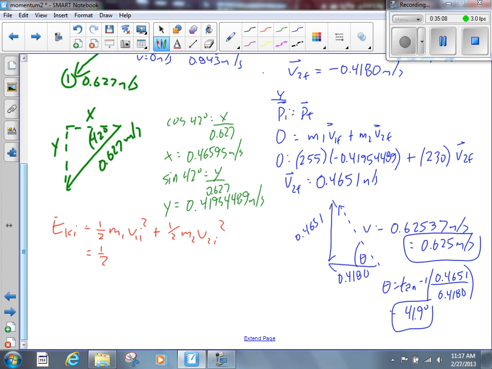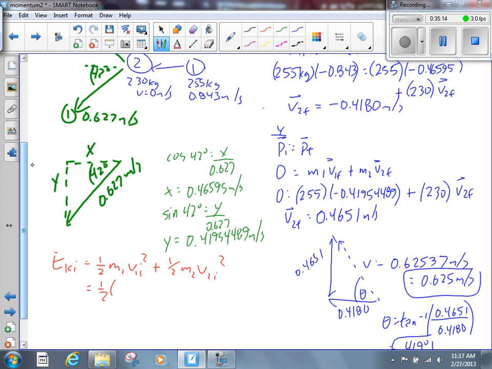The kinetic energy of object number 1 before the collision is 1/2 of 255 times 0.843 squared. Notice I even dropped the negative there. I don't care if it's negative. I don't care what direction it is. We're talking about speed here.